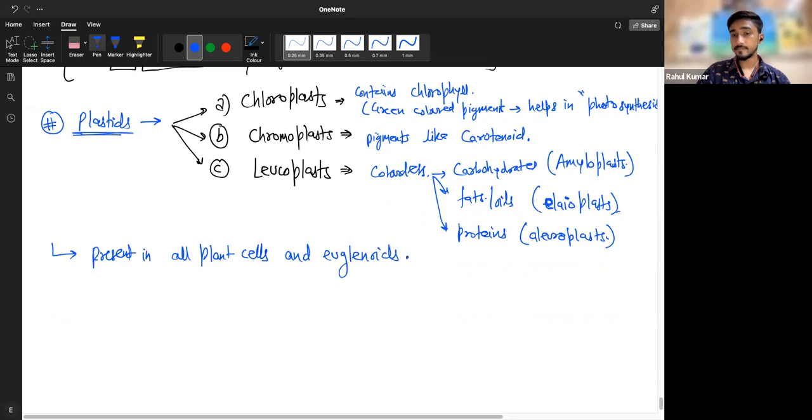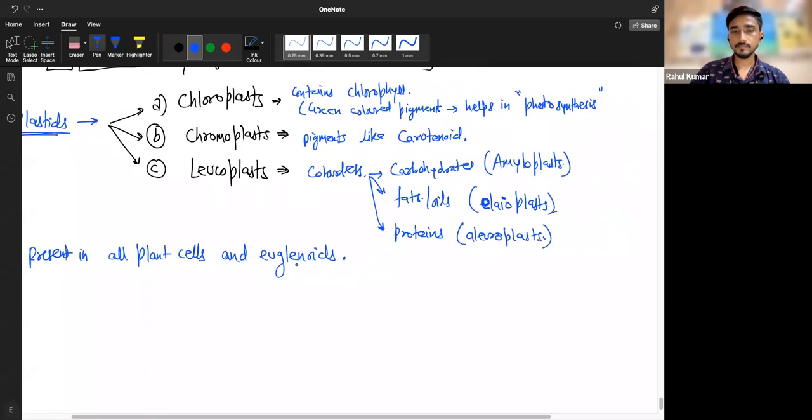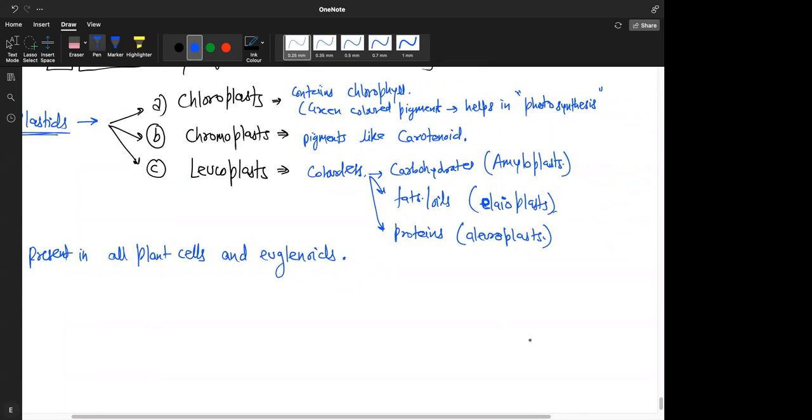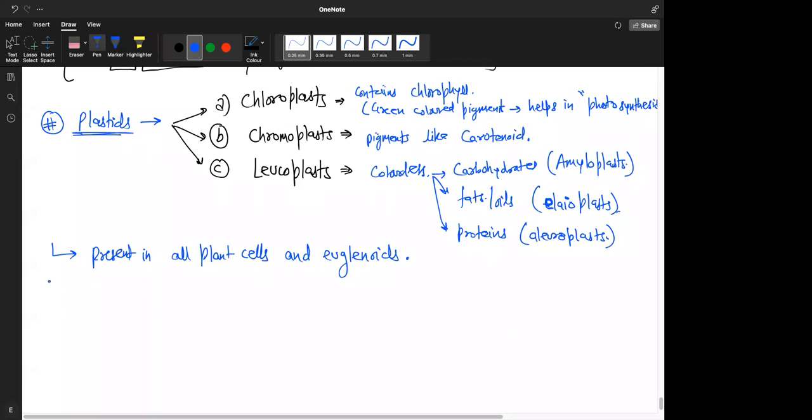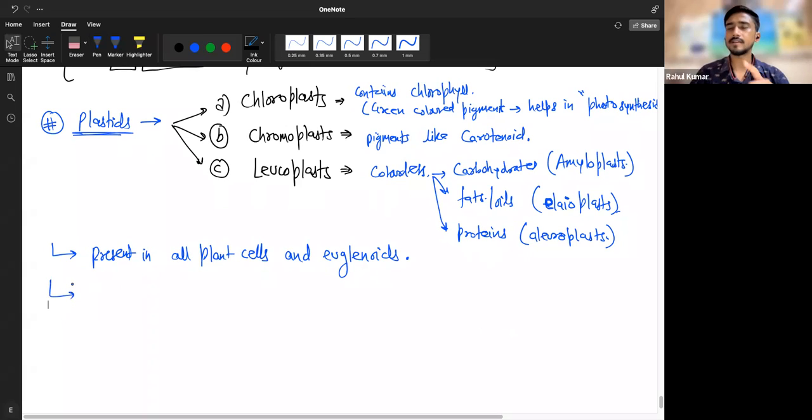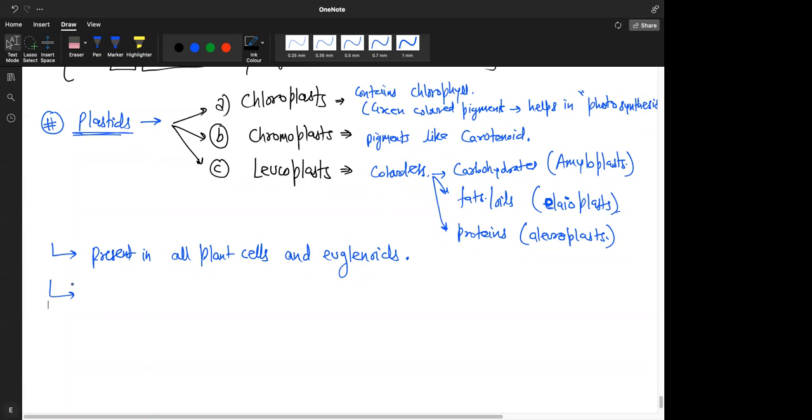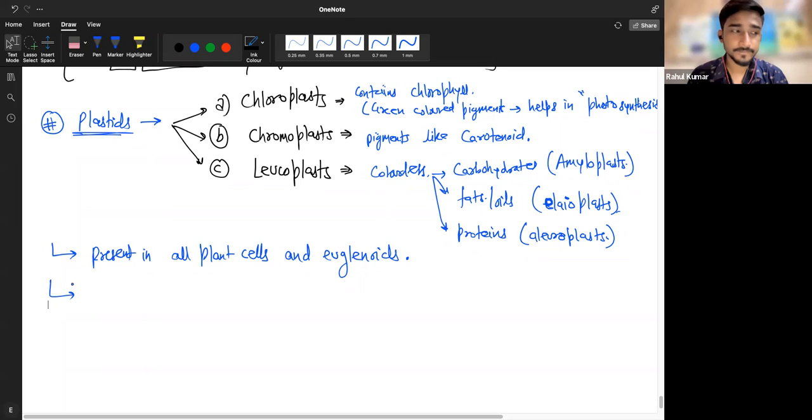You know euglena, an organism, euglena? No? Yes. Yes, okay, then good. Otherwise, go and figure out euglena. It's a type of algae.